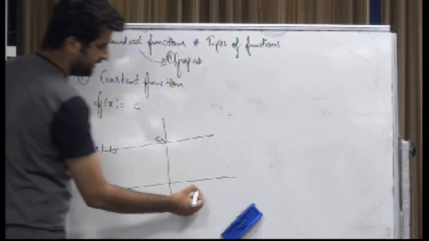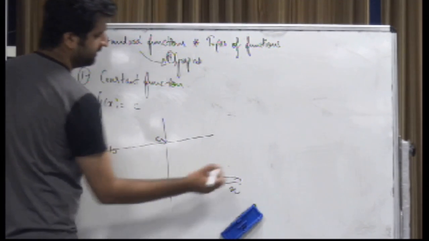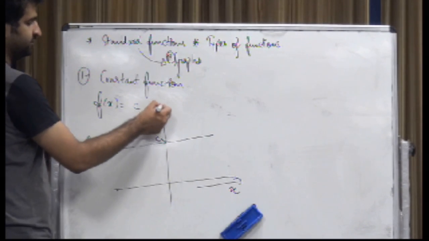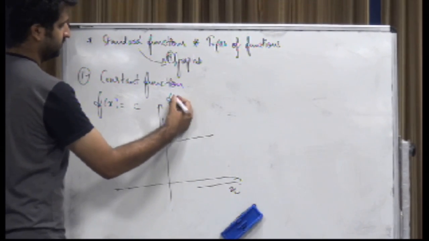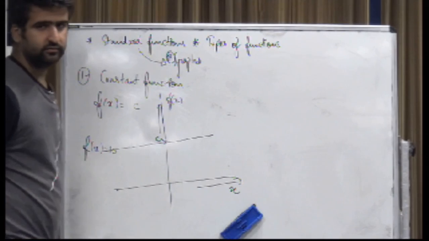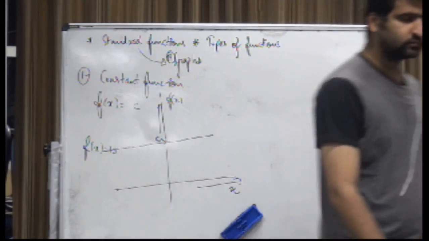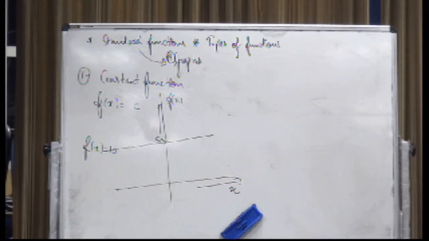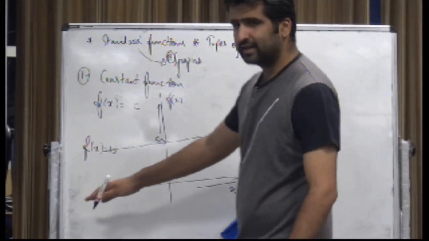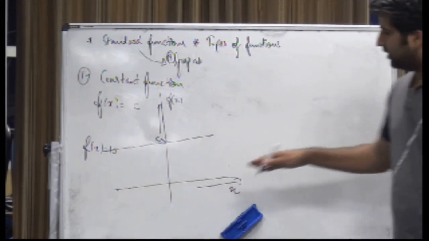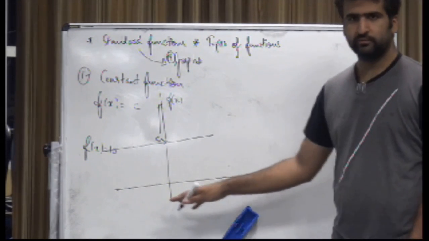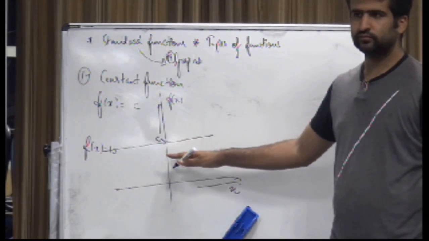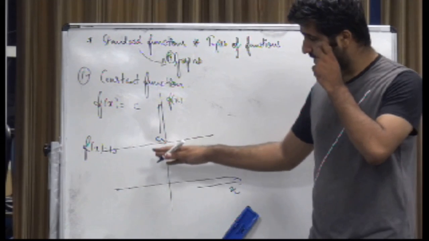So all the values of x are plotted over here, and all the values of fx, which answers you're getting, over here. Understood? So this whole x-axis means all the permissible values which you can put in this function, all the possible values which are there.